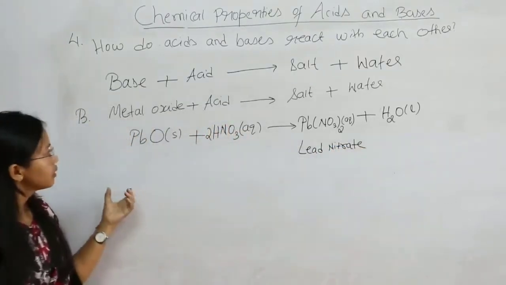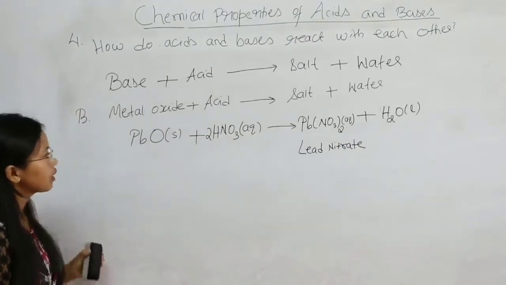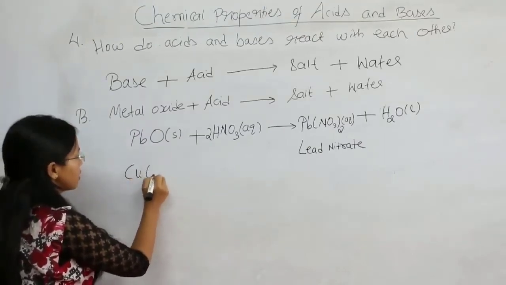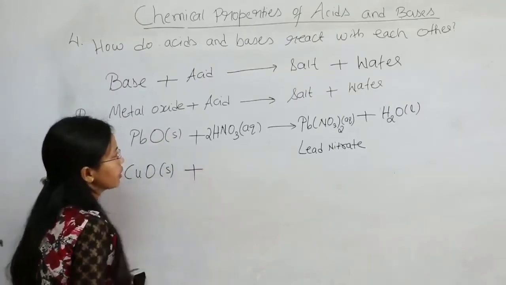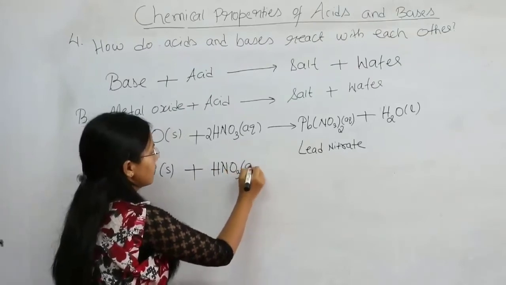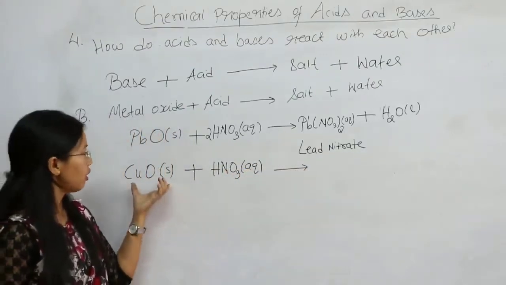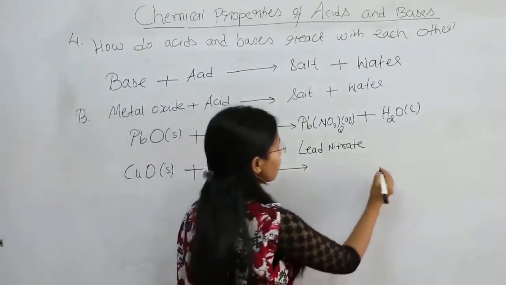In order to understand clearly, let me give some more examples. Let us take another metal oxide, that is copper oxide, CuO. Again, let us react with nitric acid, HNO3. So combination of copper oxide with nitric acid, we must get salt with water.